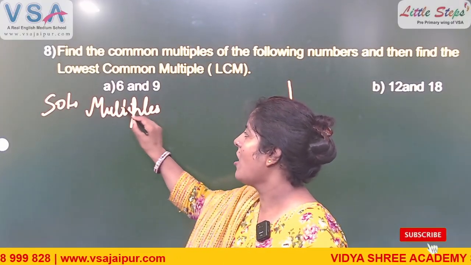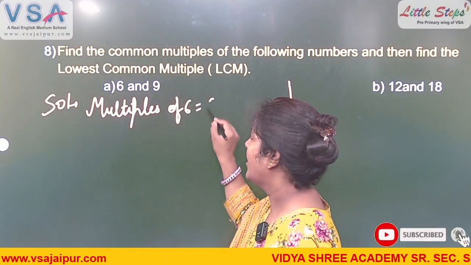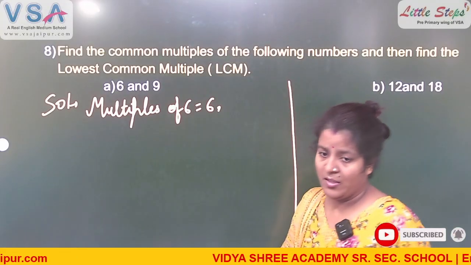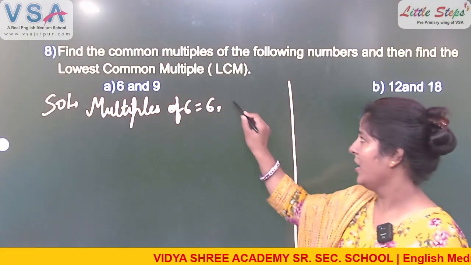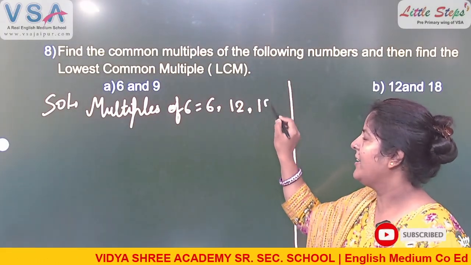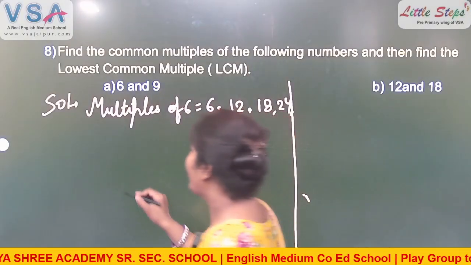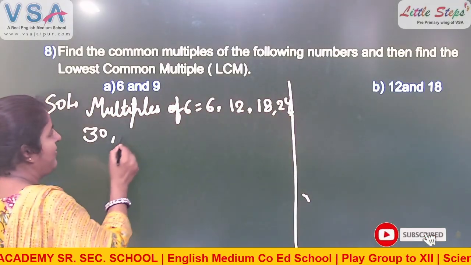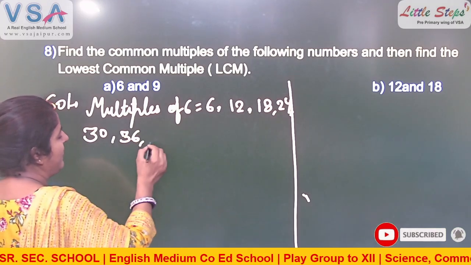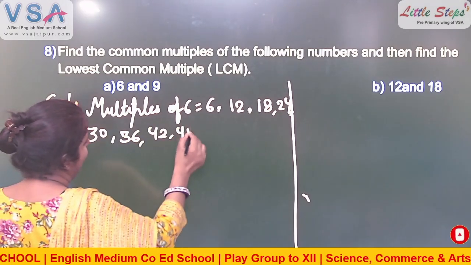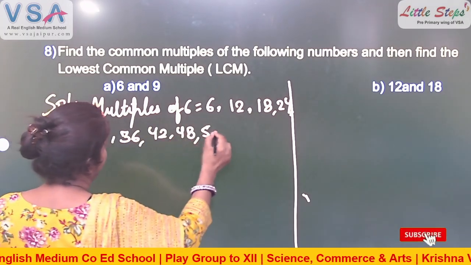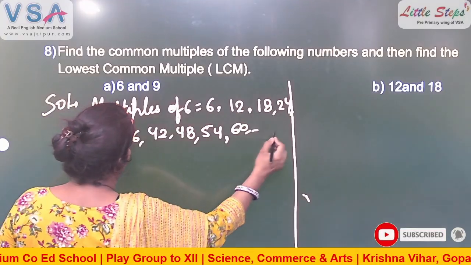multiples of 6. 6 ones are 6, 6 twos are 12, 6 threes are 18, 6 fours are 24, 6 fives are 30, 6 sixes are 36, 6 sevens are 42, 6 eights are 48, 6 nines are 54, 6 tens are 60.